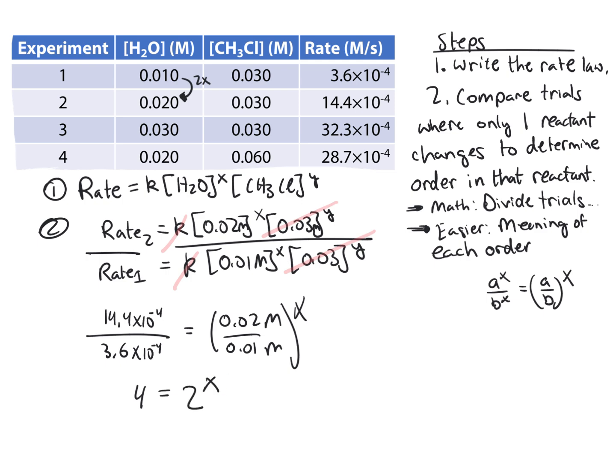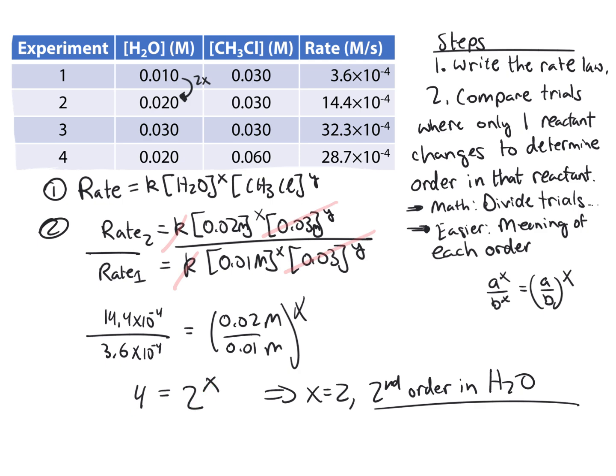And then the question is, what exponent solves the equation? The normal case we're going to work with in class is where those exponents are 0, 1, or 2. If you think about which of those numbers solves the equation, it's 2, because 2 squared is equal to 4.